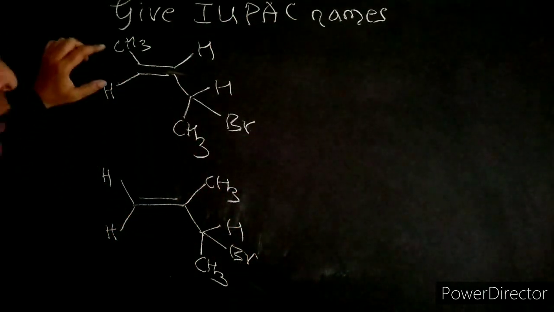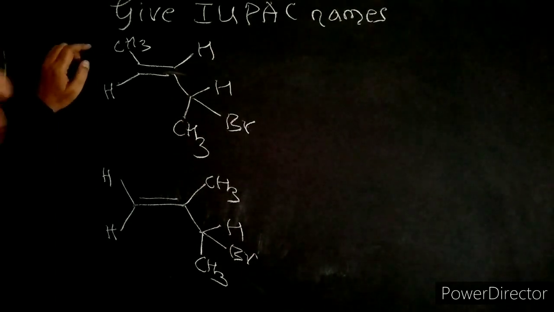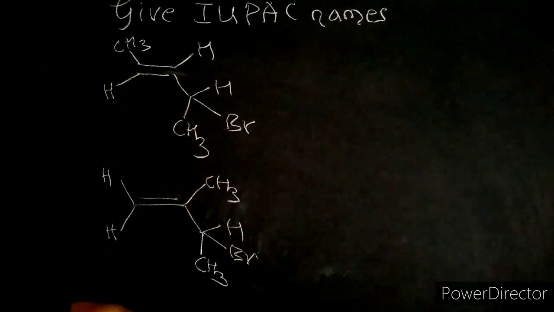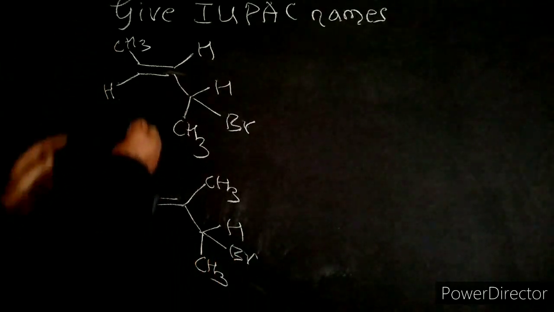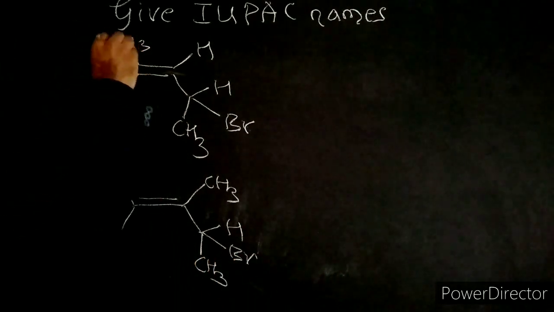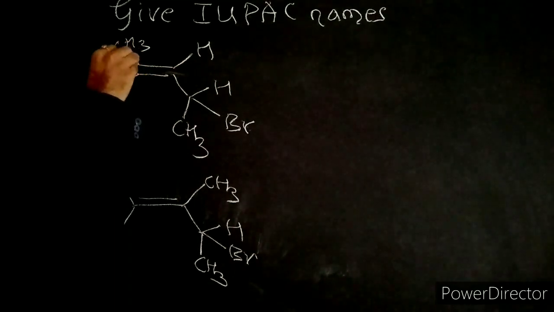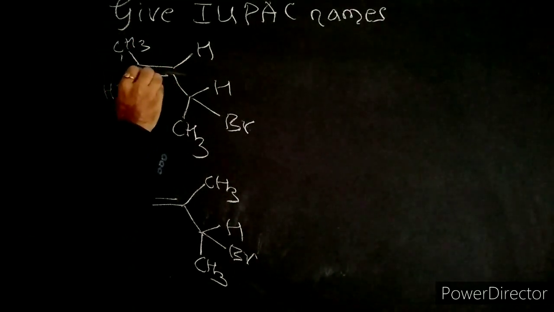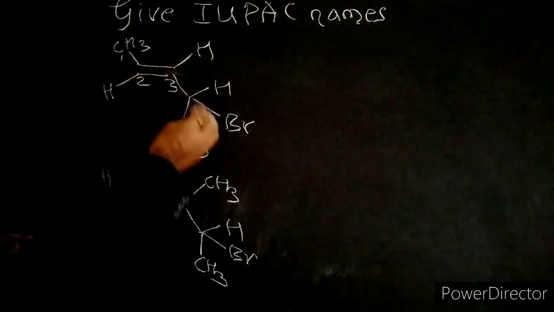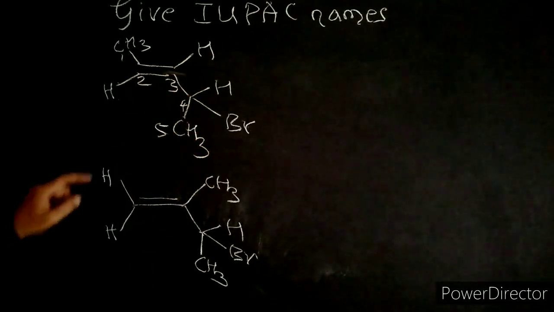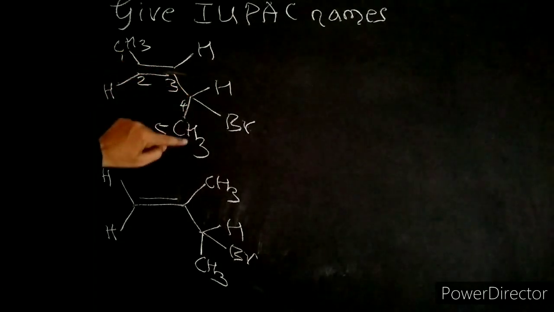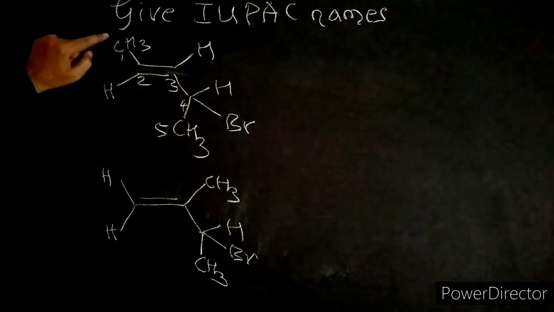When the given molecule has multiple bonds, the longest chain is selected which is close to the multiple bond. So let us number the longest carbon chain here. This is first carbon, second, third, fourth, and fifth. This is the longest skeleton, and let us see the substituent.